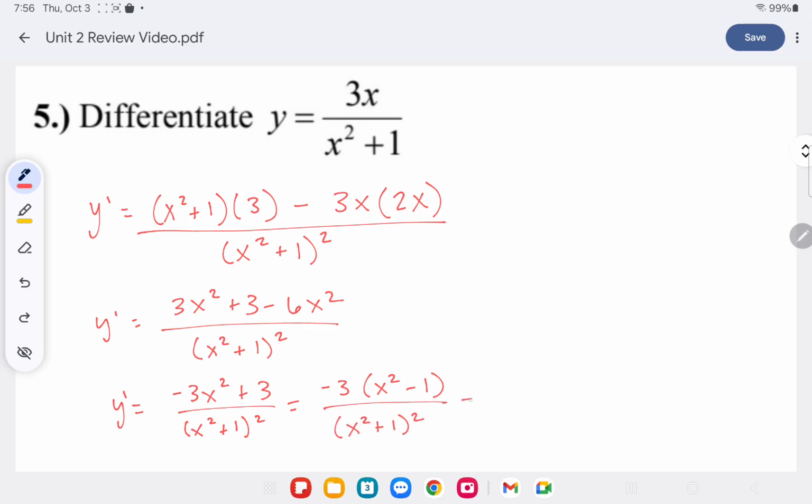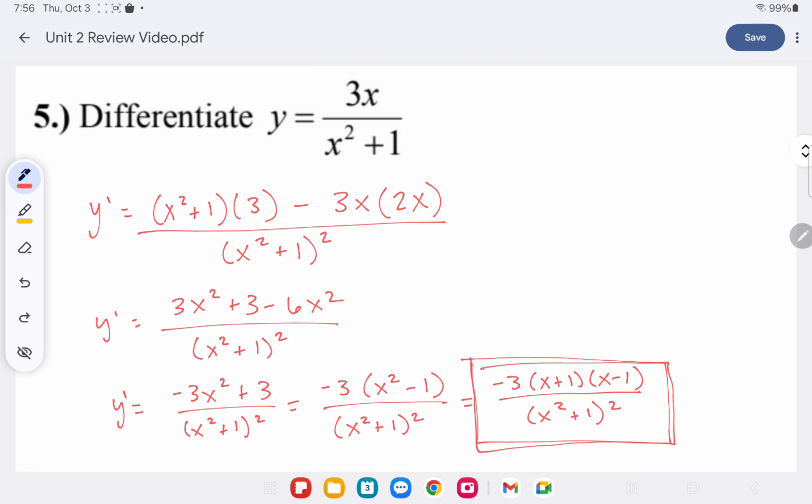And if I want to keep going, x squared minus 1 is x plus 1 times x minus 1. But from here, we can't really do anything else. So I would leave it like that. Or again, any of these, you could leave it as. But for multiple choice, this final answer is probably what you would be looking for.